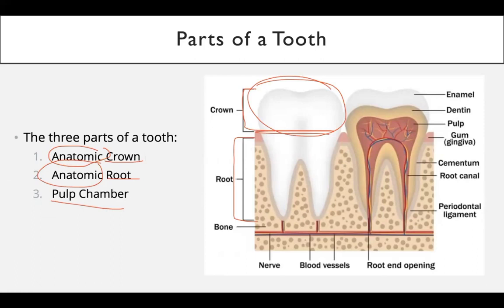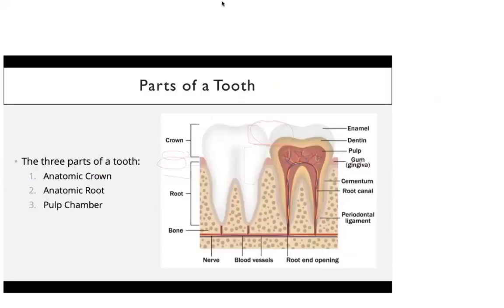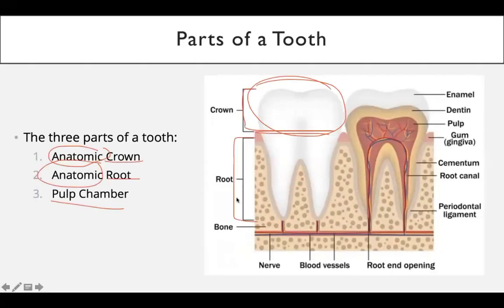Then the crown becomes visible up to the mark. Here is the bone, alveolar part of the mandible or maxilla, depending on which jaw is here. And then we have enamel. Let's start with these terms: enamel, dentin, pulp. This is the pulp chamber. So 3 parts of the tooth.